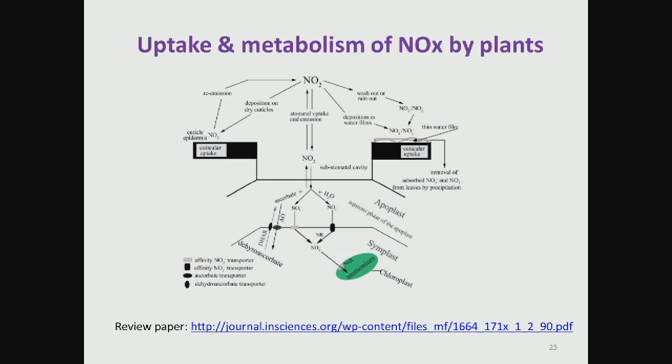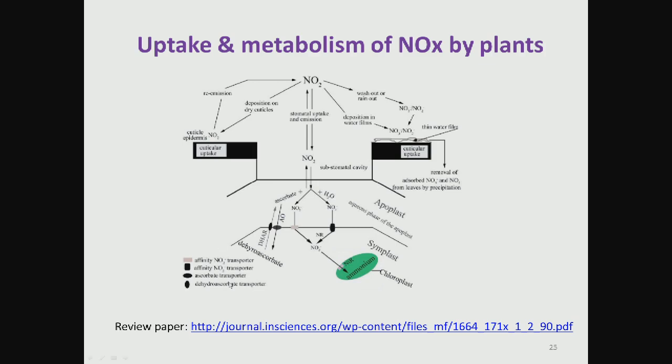Right, this is where it gets a bit much for one lecture. Nitrogen dioxide taken up by stomata in the substomatal cavity under the stomata can actually go in through the apoplast, you see it dissolving, and be taken up into cells. Okay? So this is the plant using nitrogen from the air.